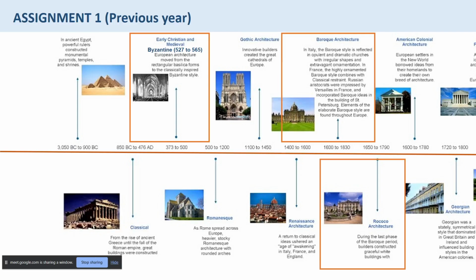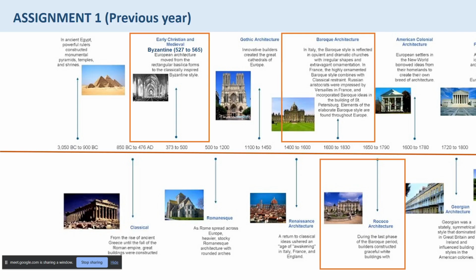Baroque architecture was even more decorated than Renaissance. It was reflected in the dramatic churches of this time, and they had rectangular shapes but extravagant ornamentation. And then we move on to Rococo, and while the Baroque period was ending, people started constructing similar buildings in white, but Rococo was equally ornamented as Baroque.